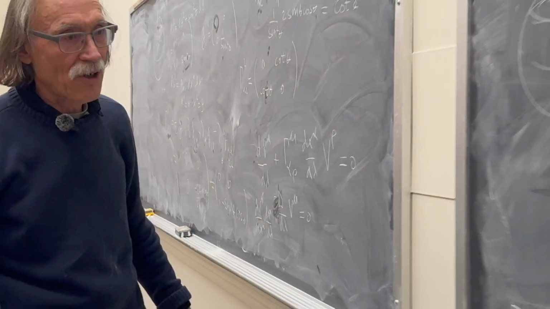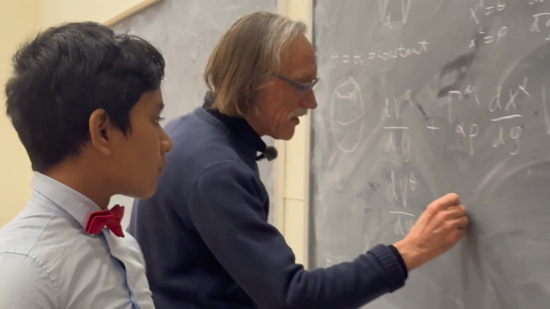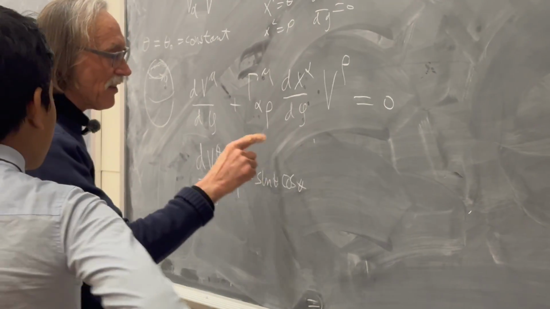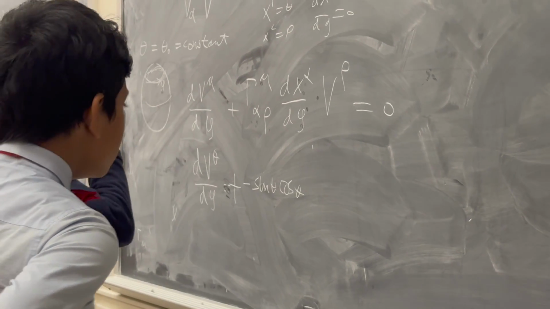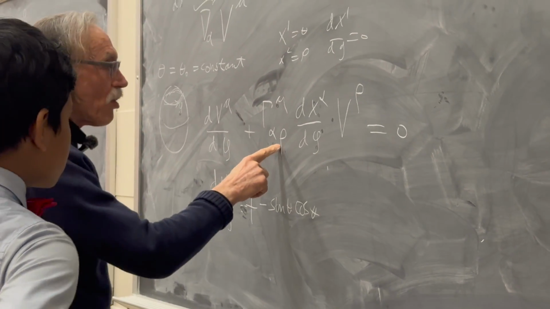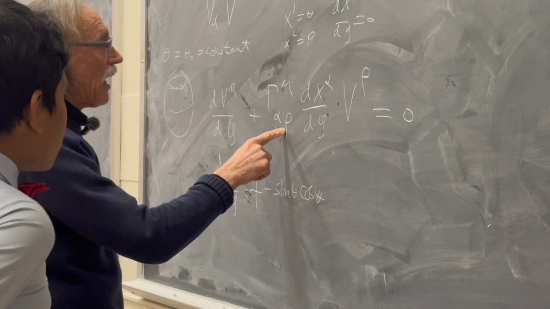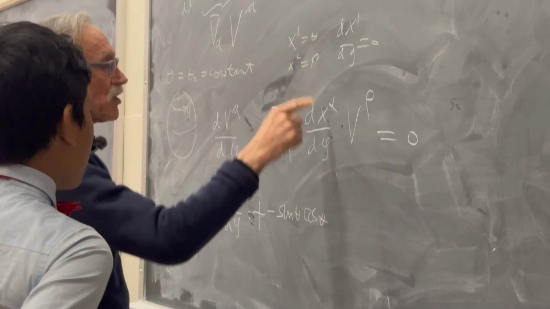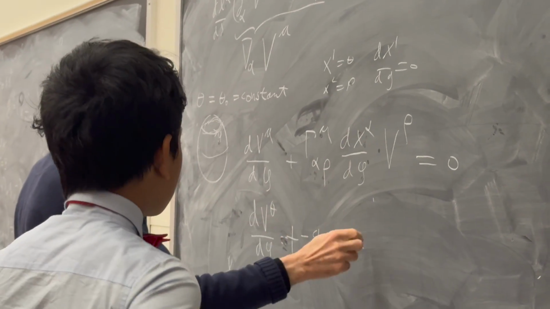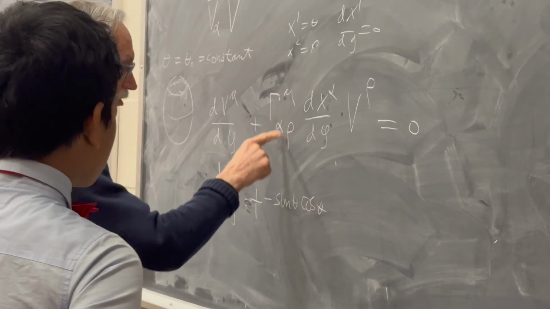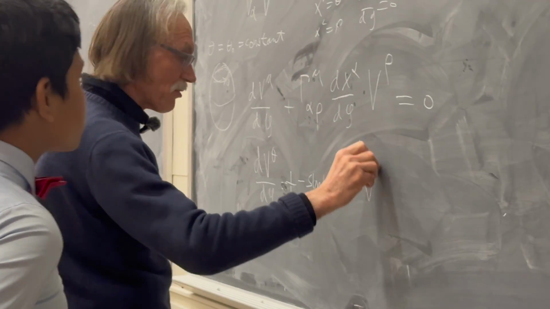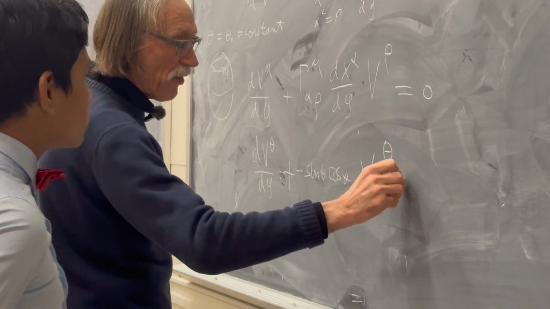So here we have minus sine theta cosine theta, there's only the two component, and mu is another index, and x2 is phi. So that means rho has to be phi. So this is equal to times v phi is equal to 0.